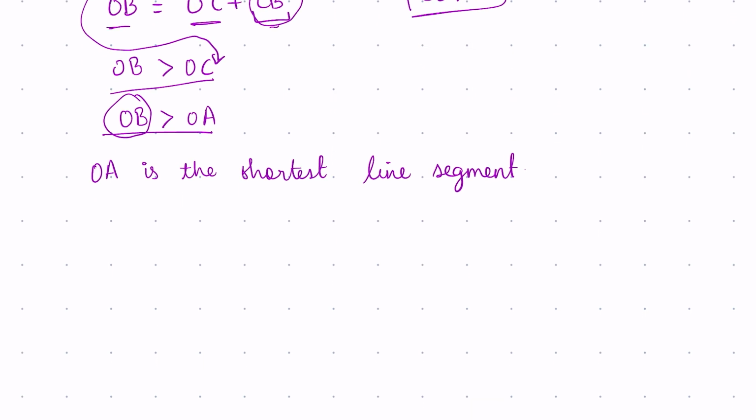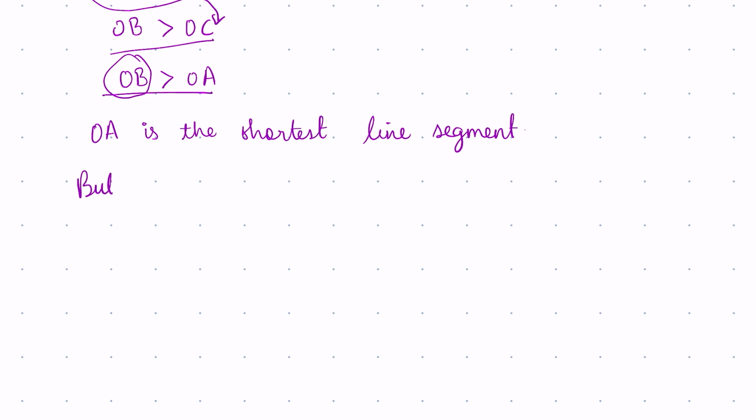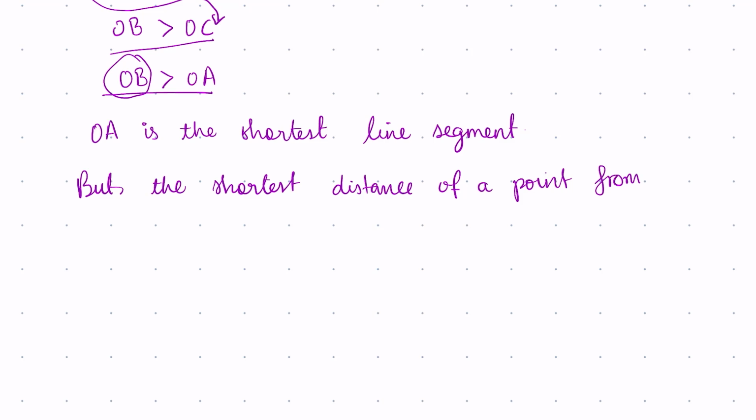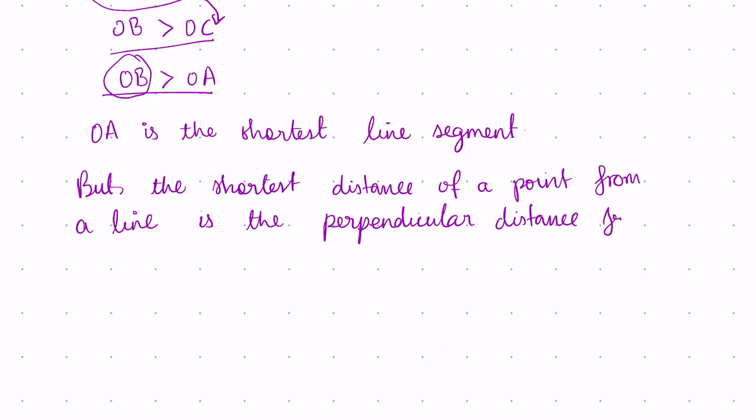But we also know the shortest distance of a point from a line is the perpendicular distance from that line.